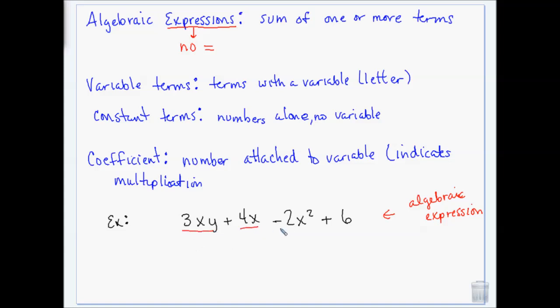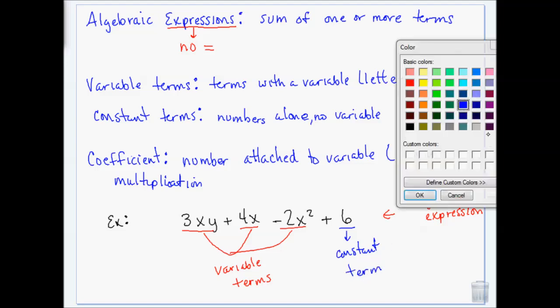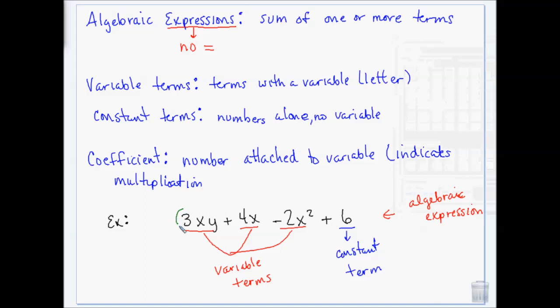These are variable terms. And this 6 by itself is a constant term. And why don't we do green? The 3, the 4, and the negative 2, these are coefficients.